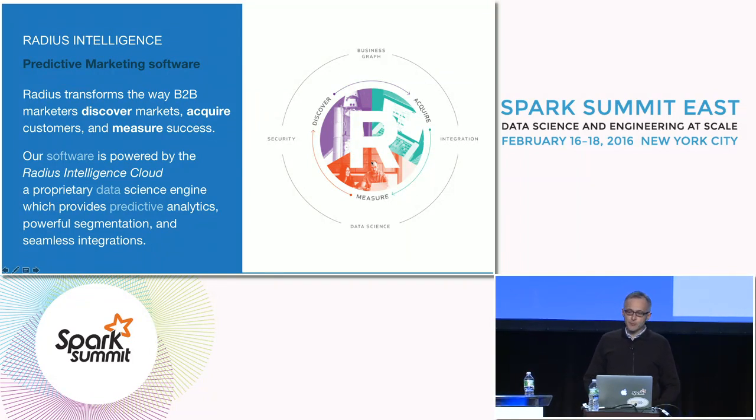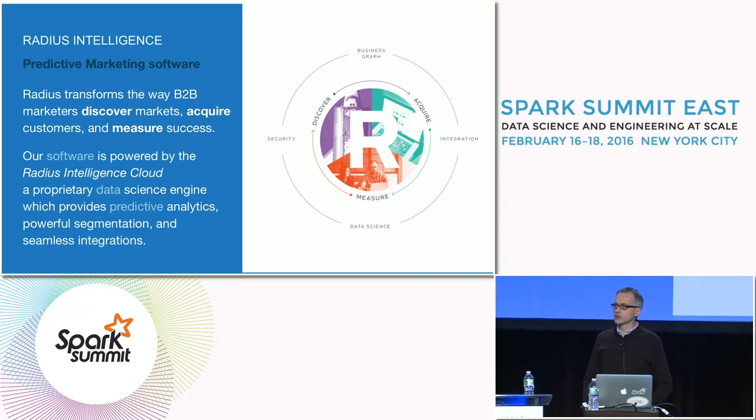Vertices' main offering is predictive marketing software. It is designed for marketers to discover new markets, acquire new customers, and measure success for these new customers. Our software as a service solution empowers marketers with both software and data. Building a business graph is necessary for us as our customer data isn't typically very comprehensive, nor always accurate.